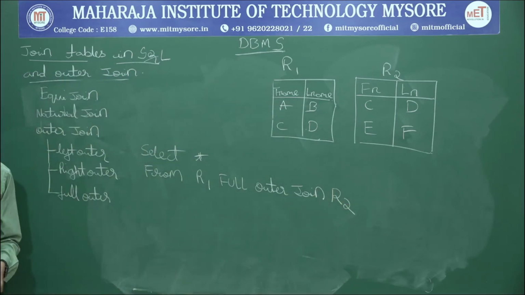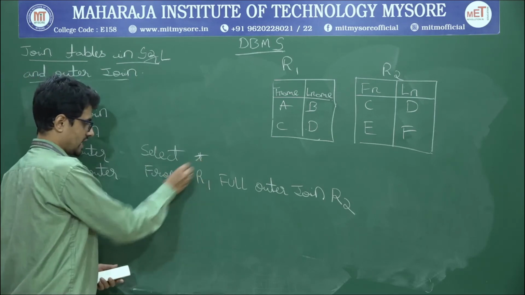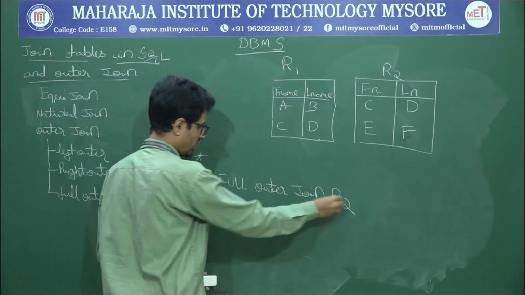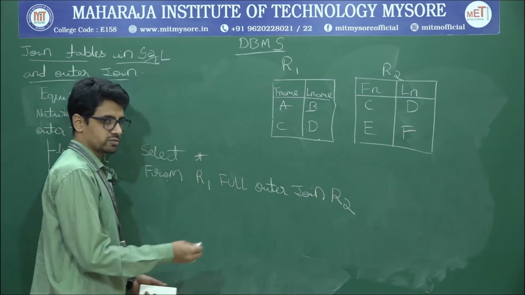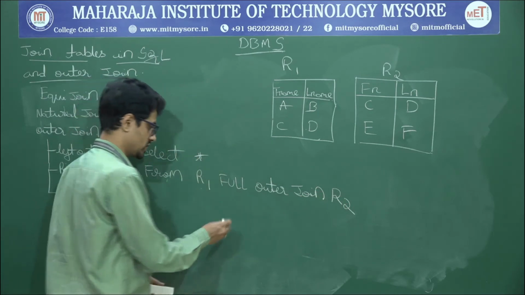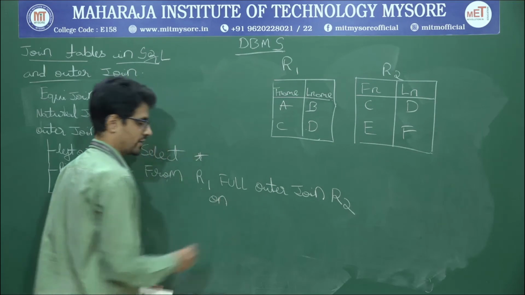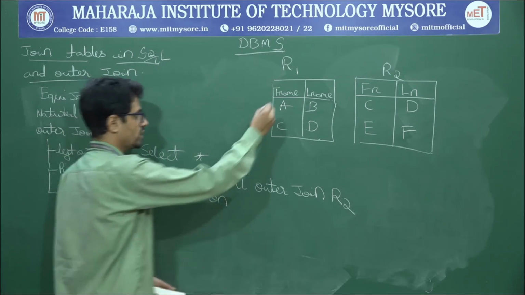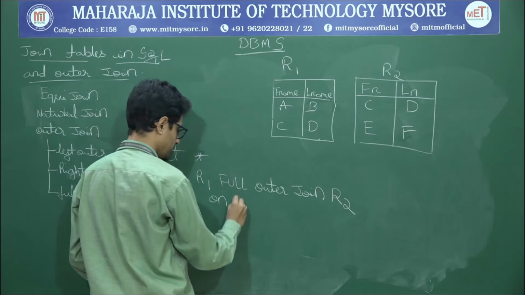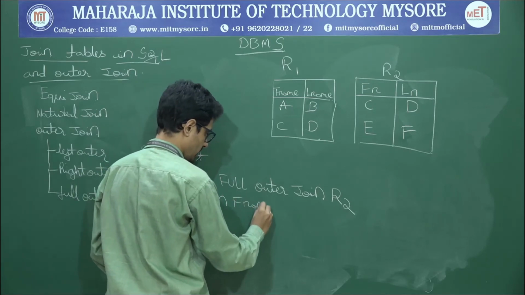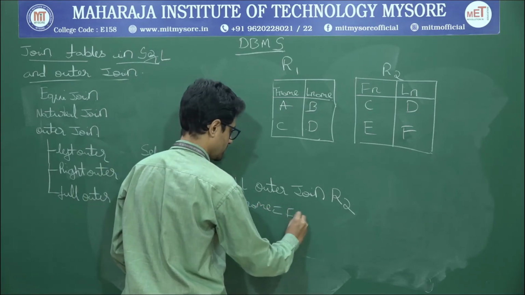Be careful while using outer joins, especially the full outer join, because it is a condition which we can apply on two relations for the given condition. Say select star from R1 full outer join R2. Now I need to specify the condition, on what attribute I am supposed to do a full outer join. So on, let me take it as F name equal to Fn.